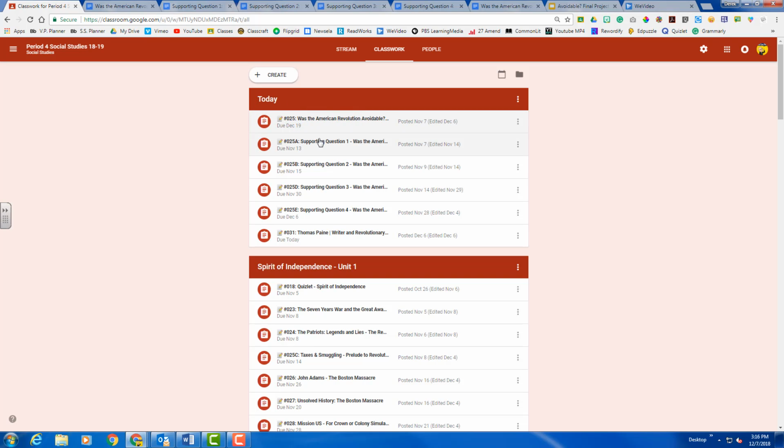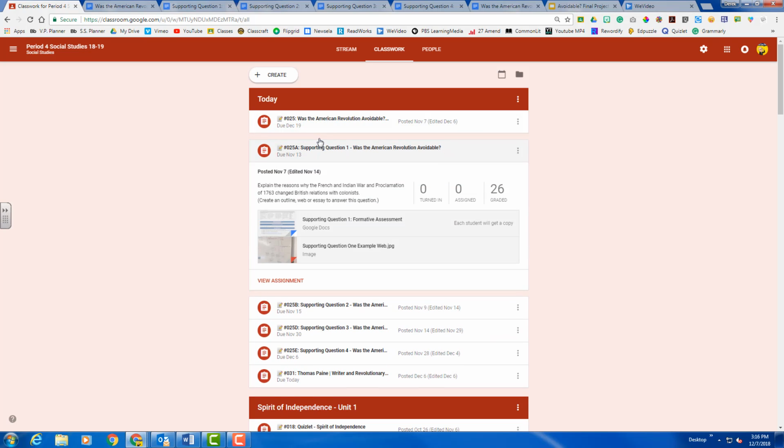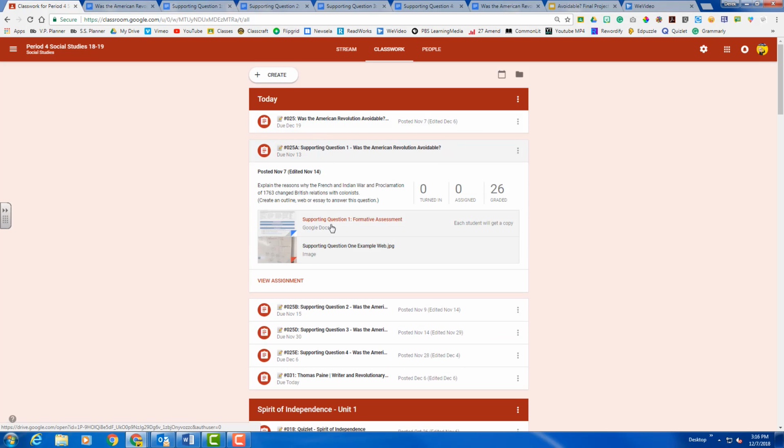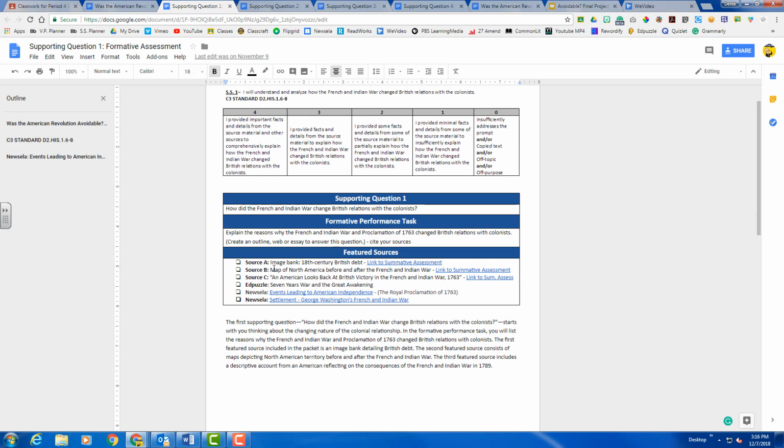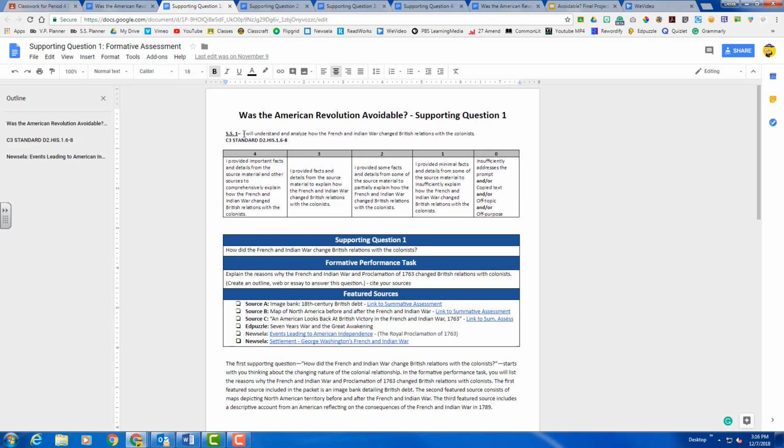To start with, if you remember back a month ago, we worked on supporting question 1. If you don't remember what it looks like, you just open up this document, and inside here we had to answer the question. It's asking, how did the French and Indian War change relations with the colonists?